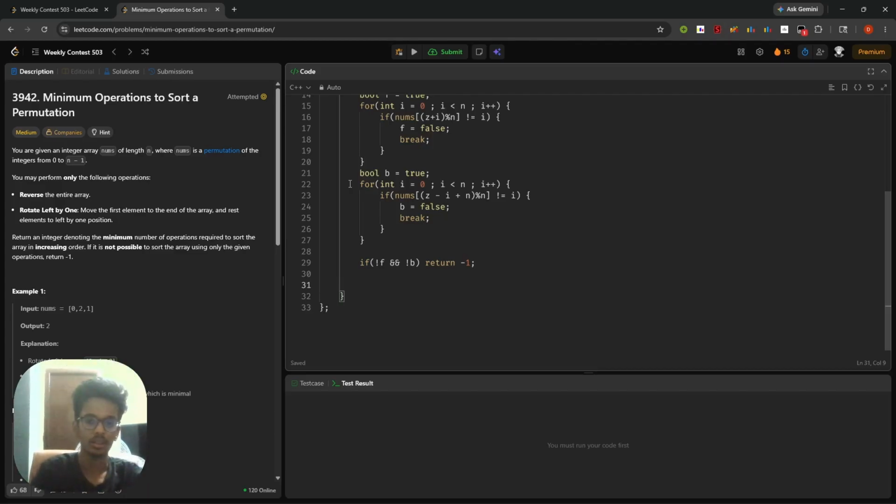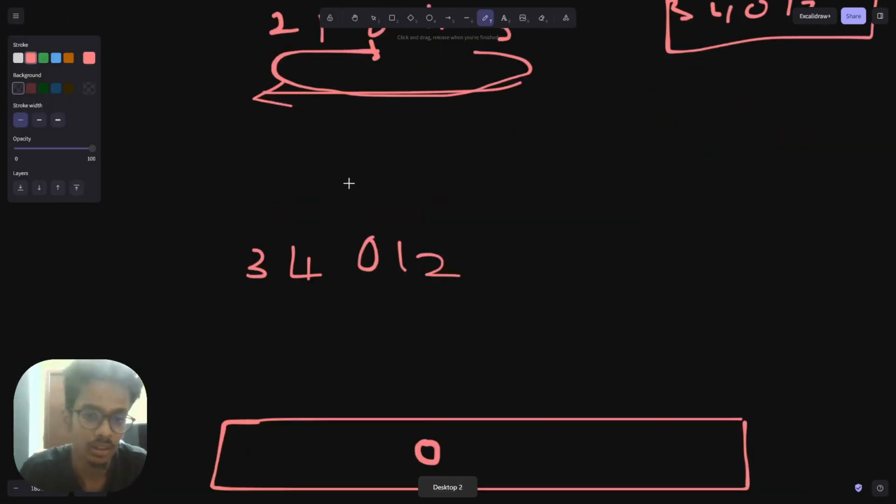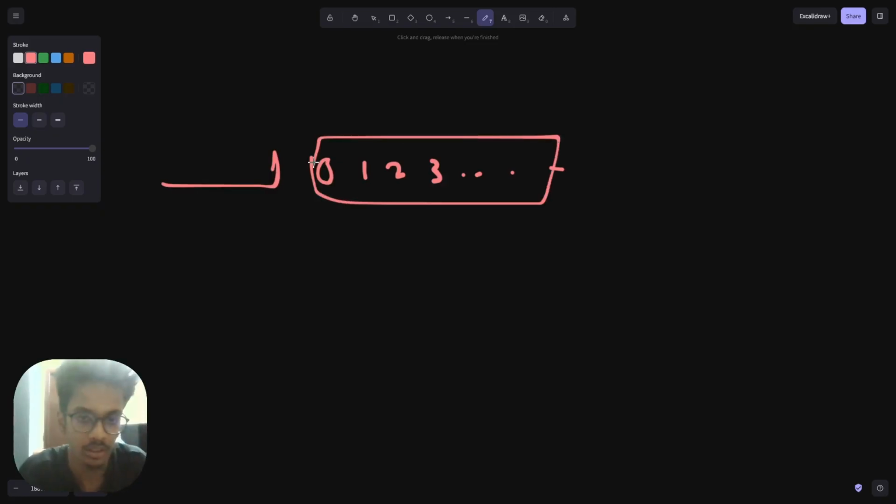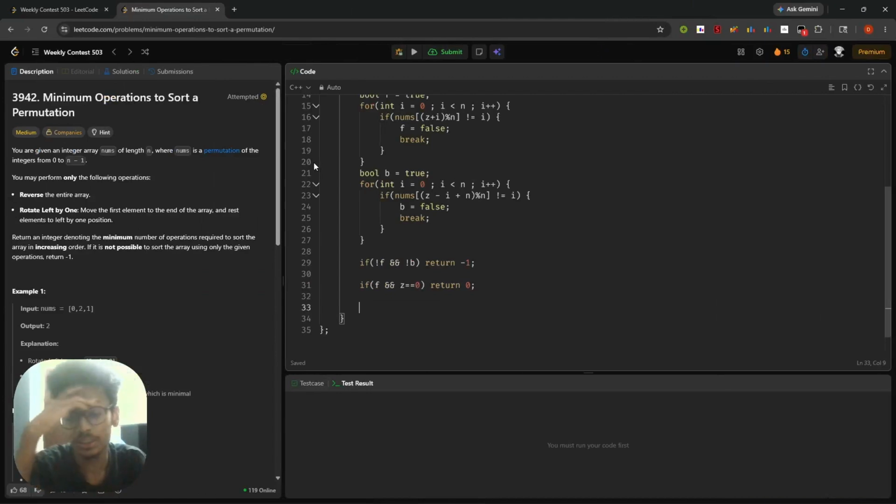And if it's a forward cycle and the zero's index is 0, that means it's already sorted, so we need not do any kind of moves. If it's a forward cycle, that means after 0 it's 1, then 2, then 3, and so on. And there's nothing in front of 0. Zero's index is itself the first index. That means this particular array is sorted, right? So we would simply return a 0.